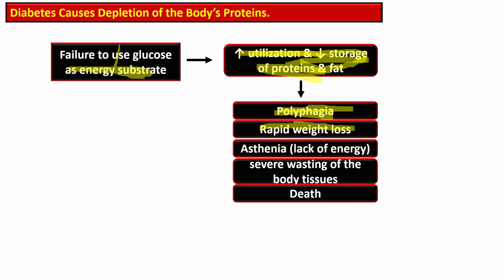Then there is polyphagia, asthenia, lack of energy due to depletion of both protein and fat stores, and in severe cases, without treatment or insulin therapy, severe tissue wasting and organ dysfunction can lead to death within weeks.